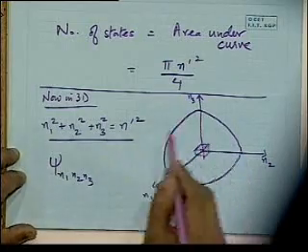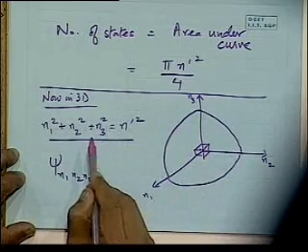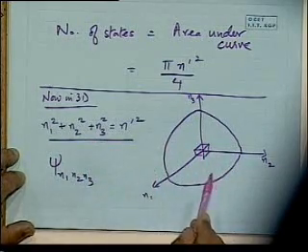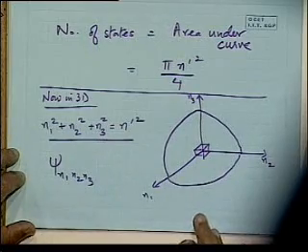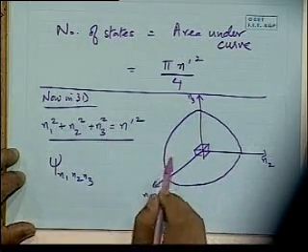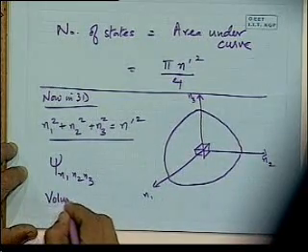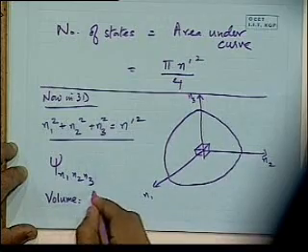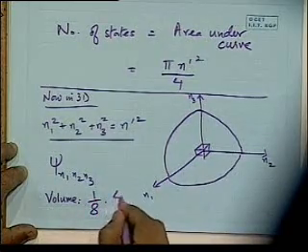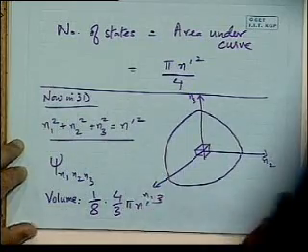What is the total number of states below E dash will simply be given to us by the volume under this surface. Are you with me? So we know the volume is 1/8 that of the sphere. So we get 1/8 4/3 pi n dash cubed.